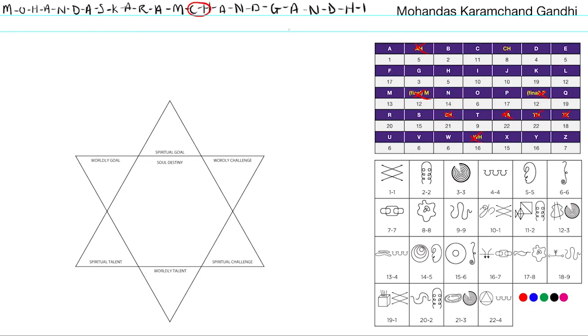We're going to take one letter at a time, and I like to scratch the letter out. That way I can keep track of what I'm doing, and each letter has a numeric value. Now when you map a lot of charts by hand, you get to know your numbers, and this conversion chart, I won't say it becomes obsolete, but it's just a reference on the side that you would use to check.